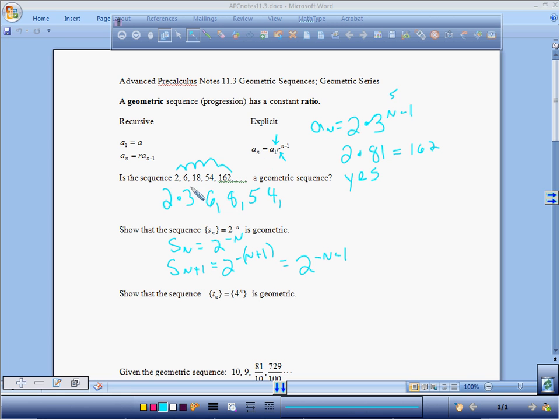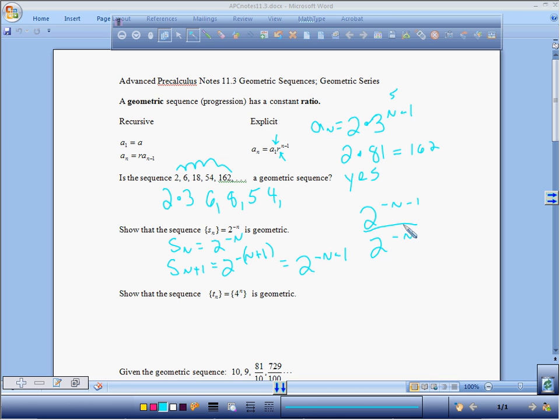Well, to find the common ratio, the constant ratio they call it, I have to divide this number by this number. So to show that a sequence is geometric for any value of n, if I divide this by this, and I end up with a constant, something that doesn't have a variable in it, then I know that it is geometric. So I have to go 2 to the minus n minus 1, and I want to divide that by 2 to the minus n.